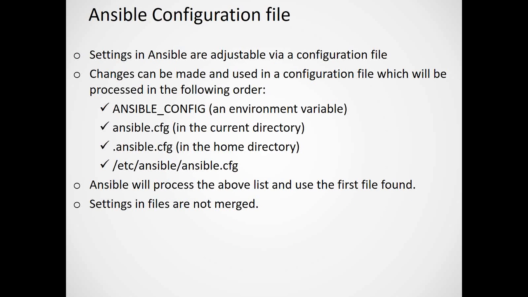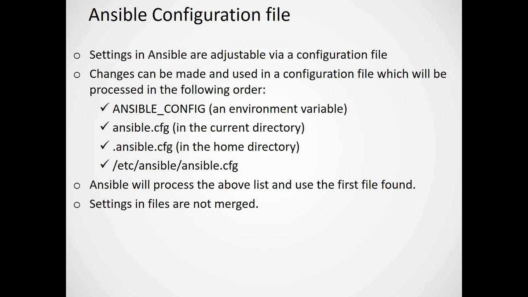So for the first time when you run Ansible, it will check whether there is an environment variable available. If it is available, then whatever file you have specified, it will pick that. That is the first thing.